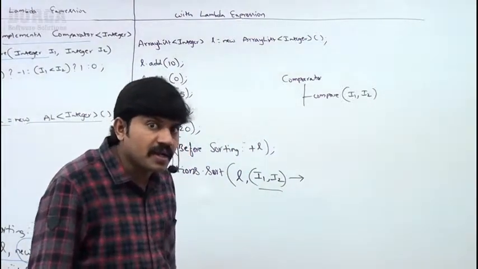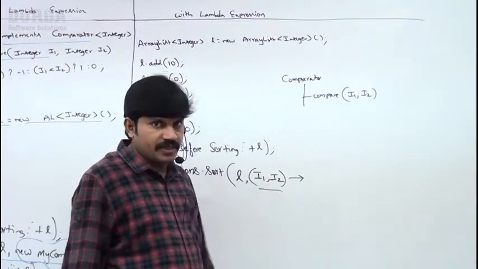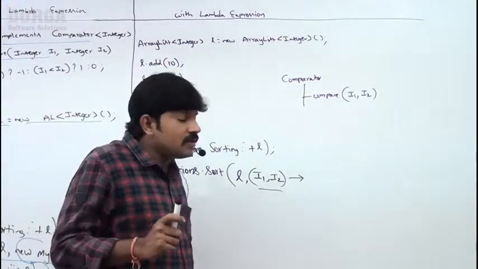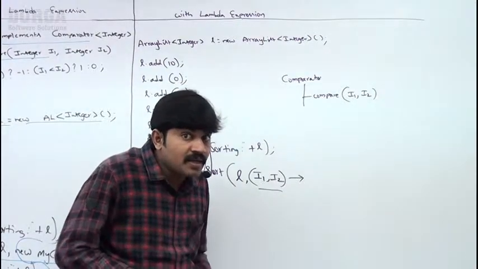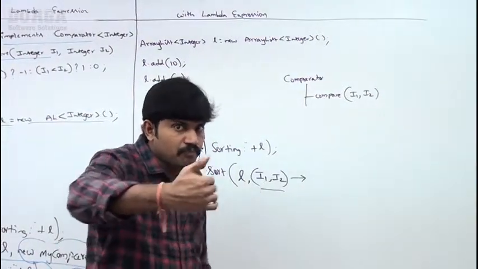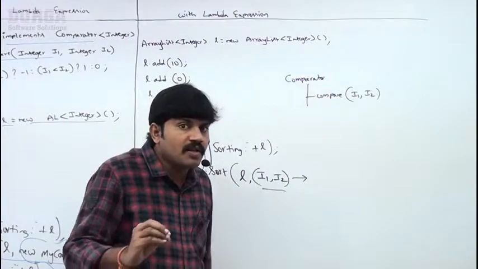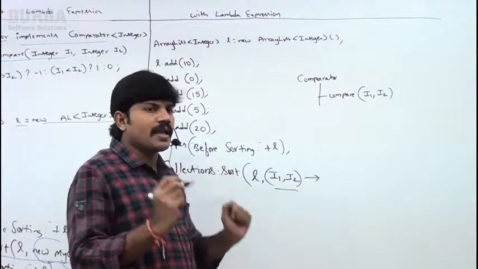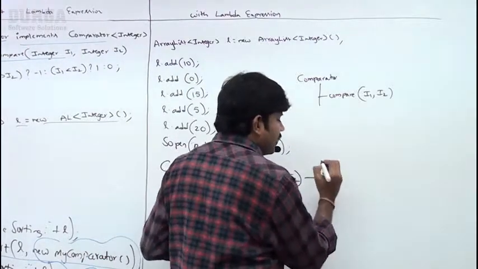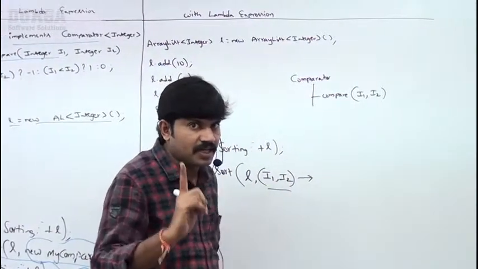Automatically my compiler and JVM can identify that. Okay, which type of sorting do I want, sir? Descending order. Descending order means the bigger value should come before and the smaller value should come after. That's why, sir, the return statement is optional in lambda expressions.